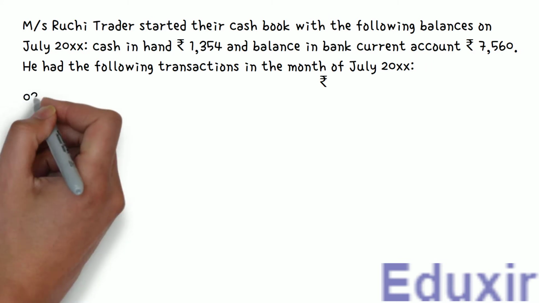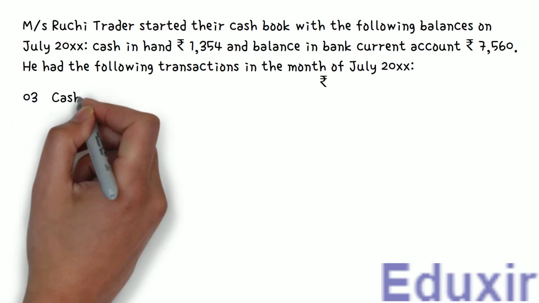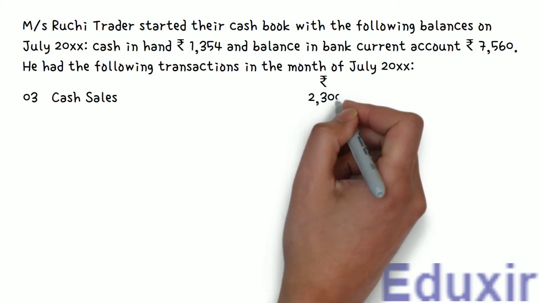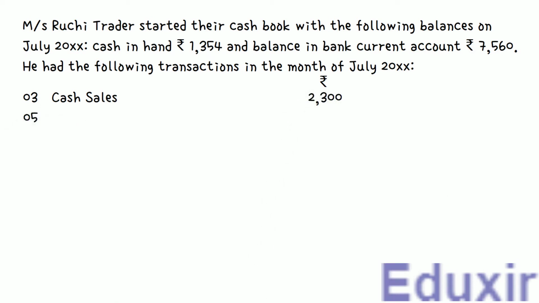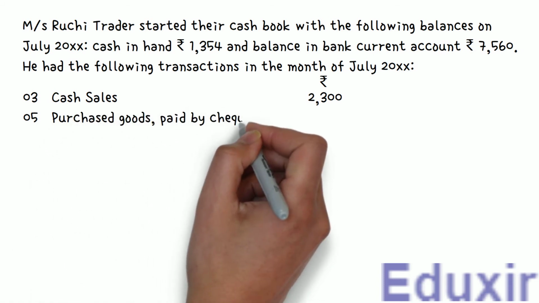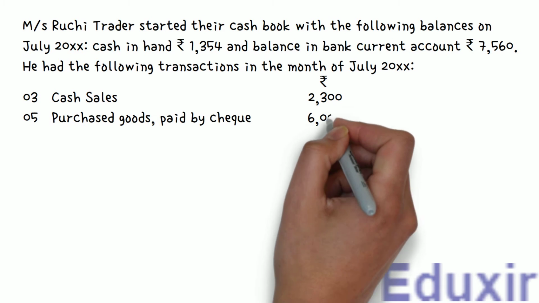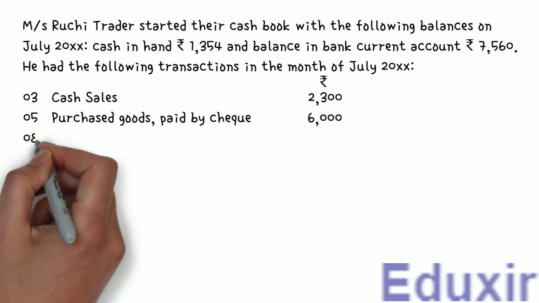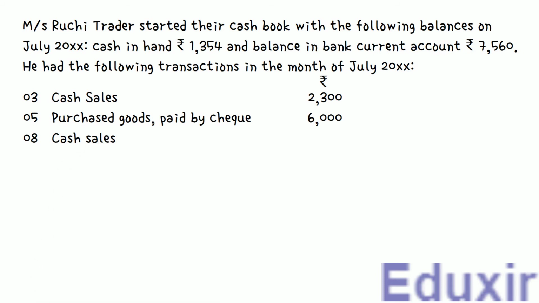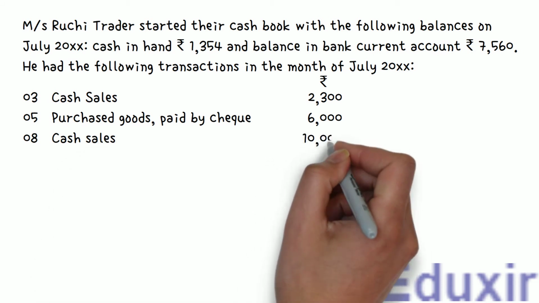On 3rd July, cash sales 2300 rupees. On 5th July, purchased goods paid by check 6000 rupees. On 8th July, cash sales 10,000 rupees.